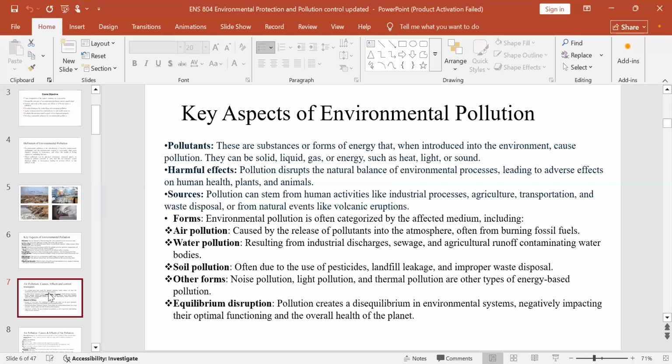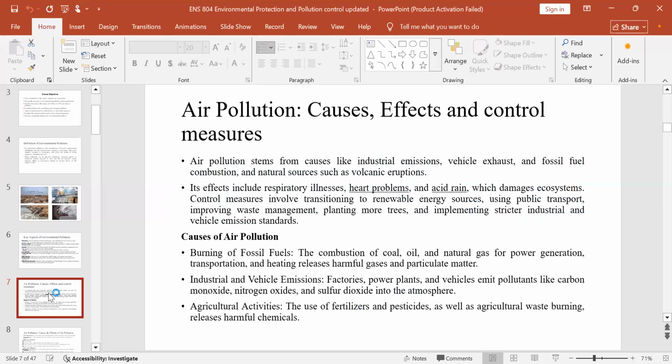Now we'll take one form of pollution after the other and discuss them in a little detail. So if there is any question, please, we want to entertain them before we go ahead. Any questions so far? Hello? Are there any questions?